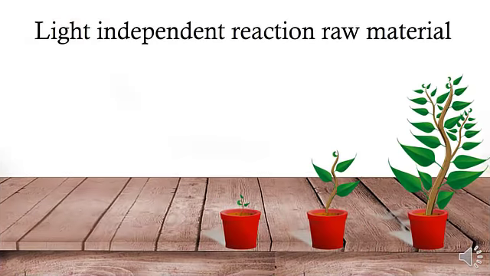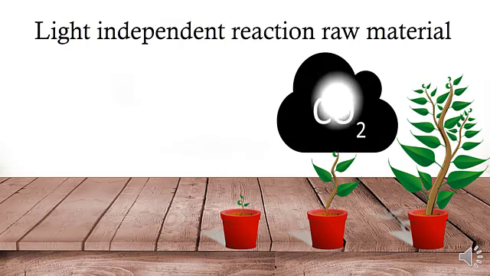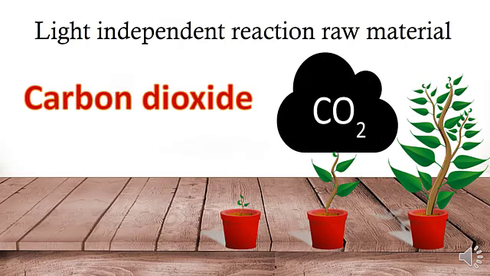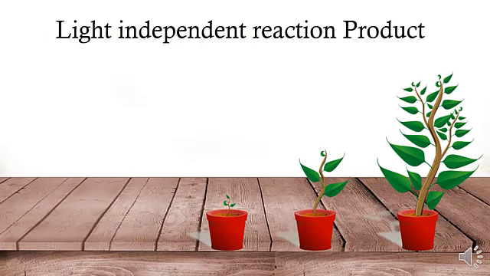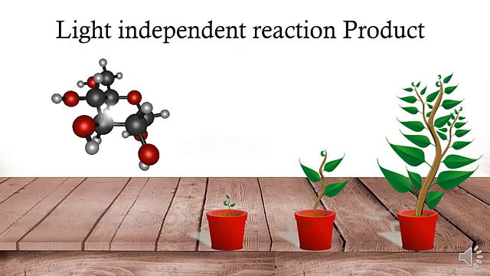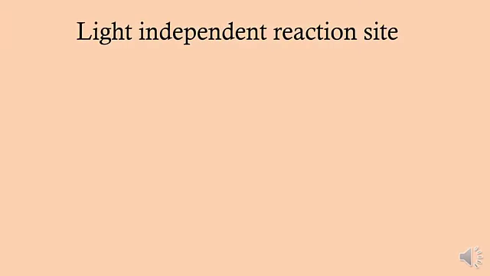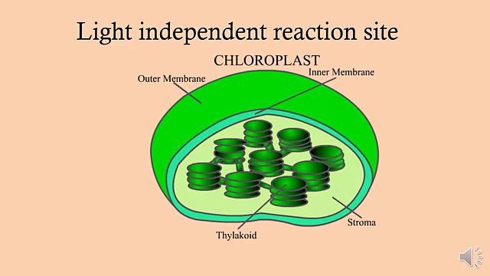Note of this, the raw material needed for light-independent reaction is carbon dioxide. And the product of light-independent reaction is glucose. Another thing that you have to remember is the site of reaction of light-independent reaction. It happens in the stroma.